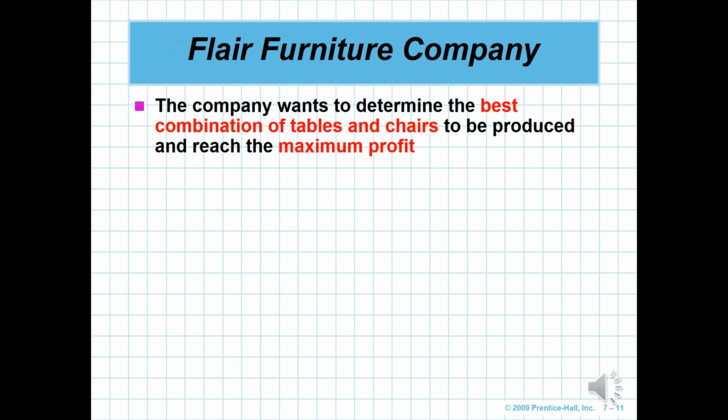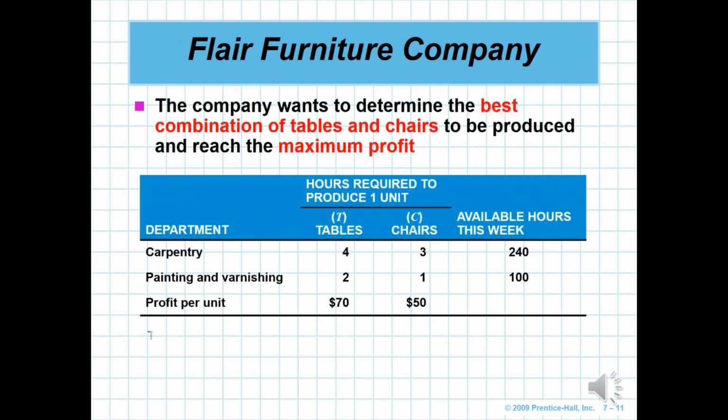So we arrange all the information in a table like this. We have carpentry, painting and varnishing, and also we have the profit. The columns represent our products, table and chair, for which we use the symbols T and C, and this is the total of available hours for the constraint.